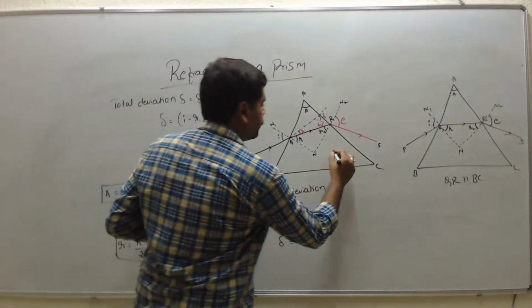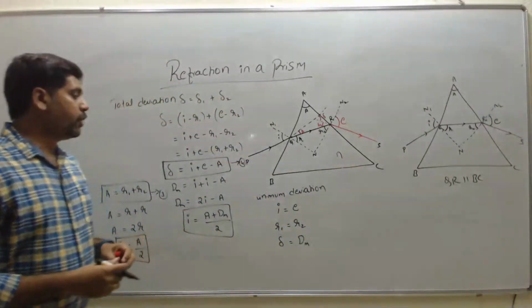Here n is the refractive index of the prism.